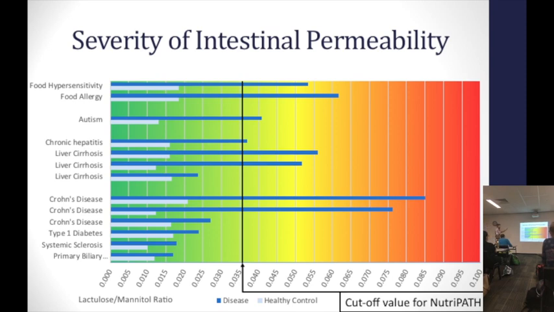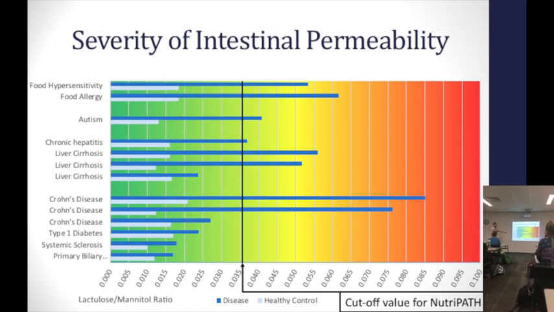here we have a pile of conditions looking at the severity of their intestinal permeability based on their lactulose mannitol ratio. In the light blue, we have the mean average of the healthy population, and in the dark blue, the disease state mean average of the lactulose mannitol. Right here, this is the cutoff point. Now remember, a cutoff point is to determine whether someone has or hasn't got intestinal permeability.